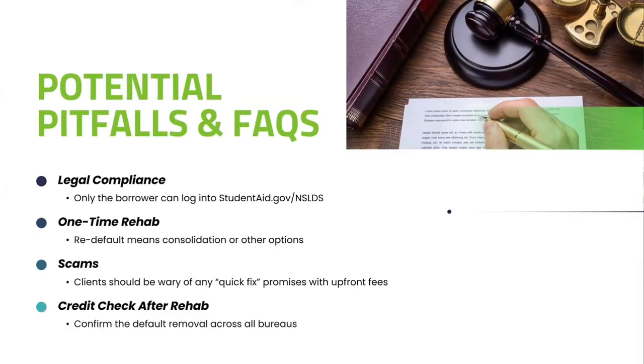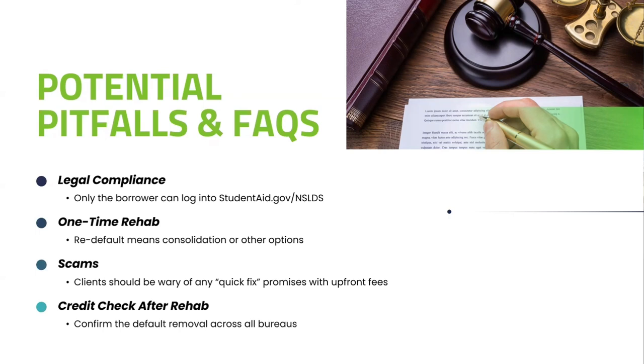So another thing about rehab, and I just want to talk about it really quick before we wrap up today, is that you can only rehab a student loan one time from a default. One time for the lifetime of that borrower or client. So that means if they defaulted and they do a rehab program, then they default again, they're not eligible for another rehab program.